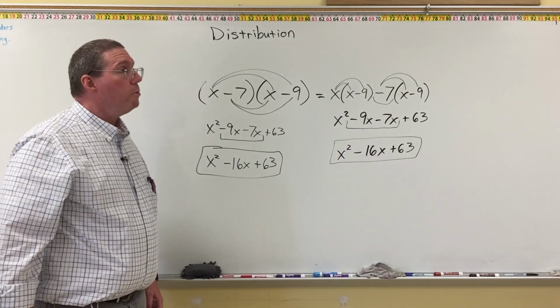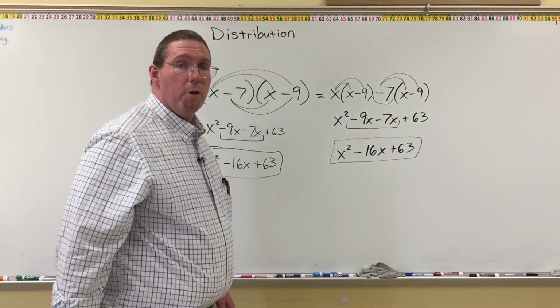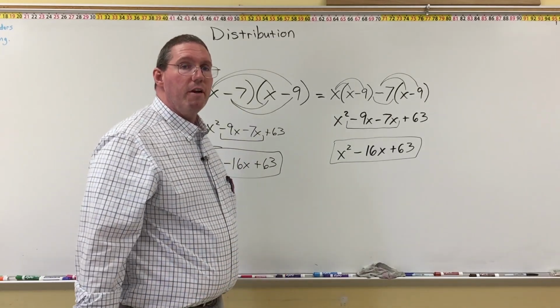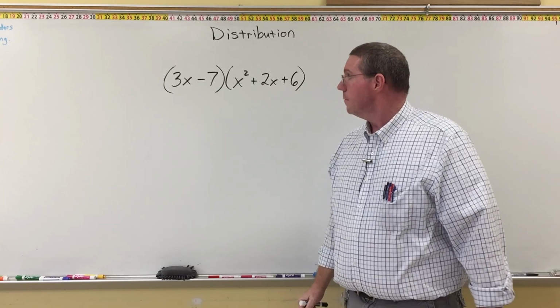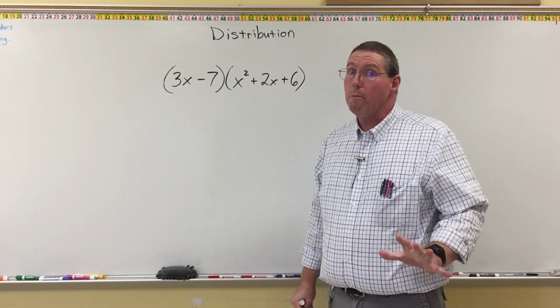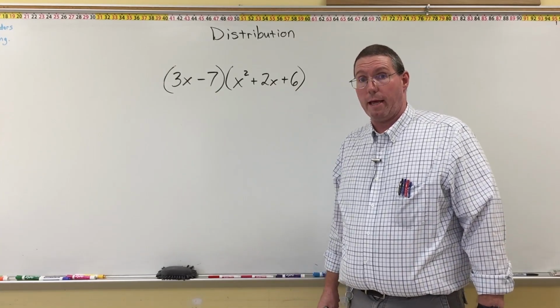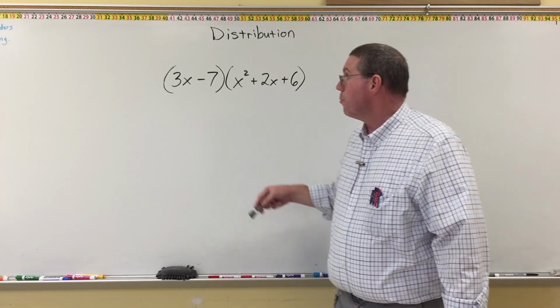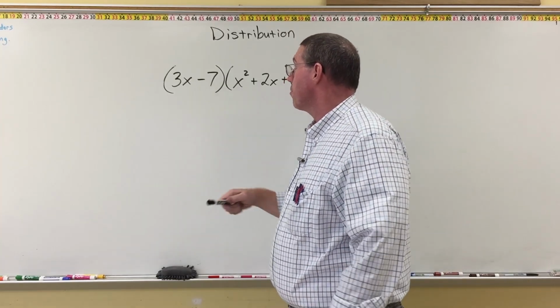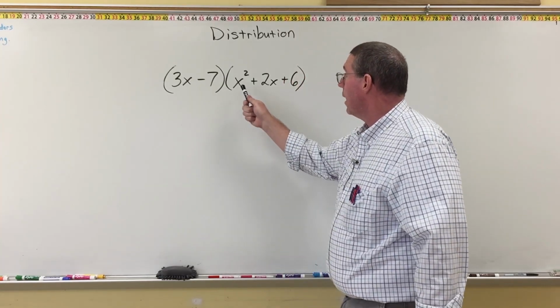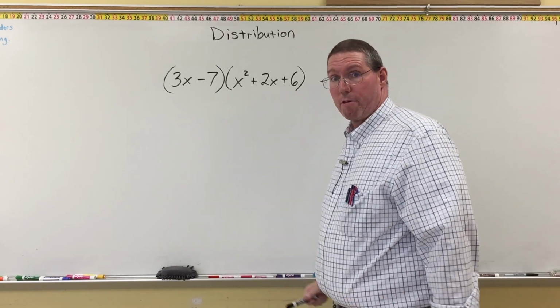Okay? I think we should do one more example so that you can feel pretty confident about distribution. All right, this one is just a little more difficult, but I think that you can handle it. What we have here is a two-term expression being multiplied by a three-term expression.